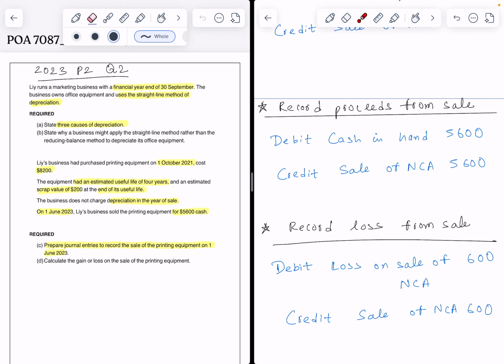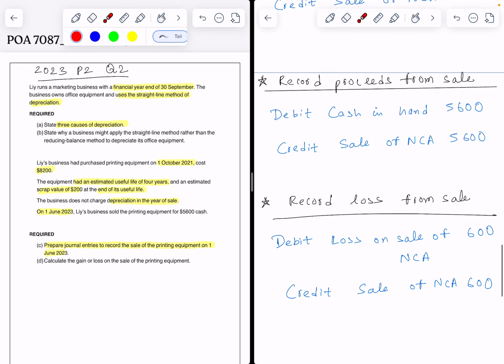And the corresponding credit entry here is obviously the sale of non-current asset account by $5,600. If you had sold this equipment for $5,600 by check instead of cash, then you would have debited the cash at bank account, all right? So make sure you understand the differences and you're aware in exam whether it's cash in hand or cash at bank.